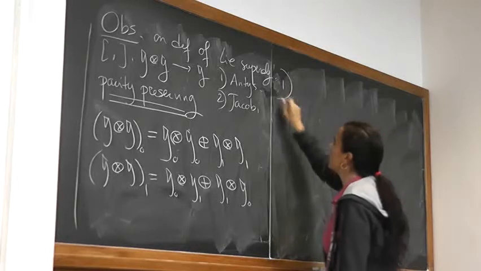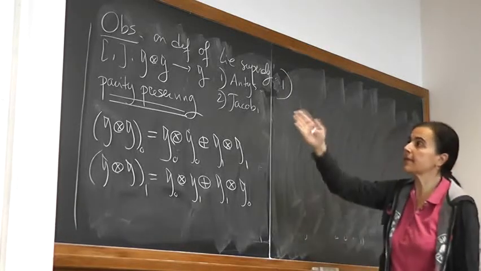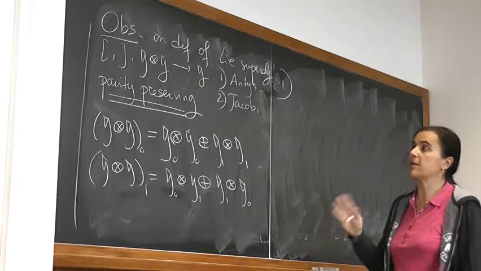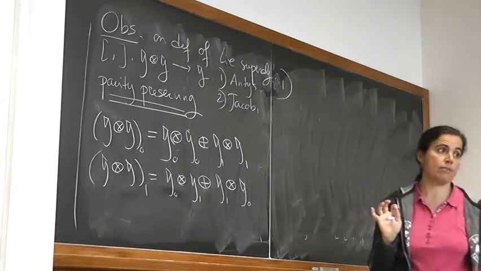So the observation I want to make is that since this bracket is parity preserving, this definition tells you that G0 is itself a Lie algebra.